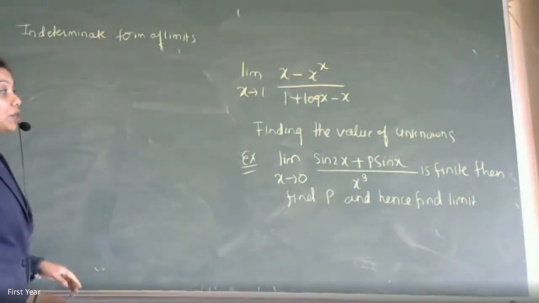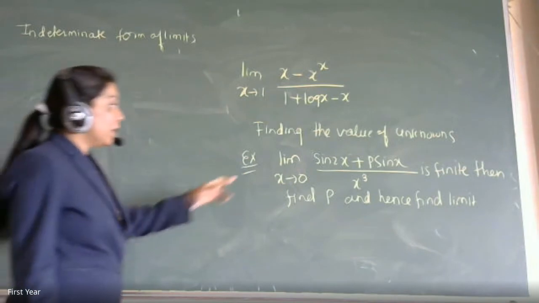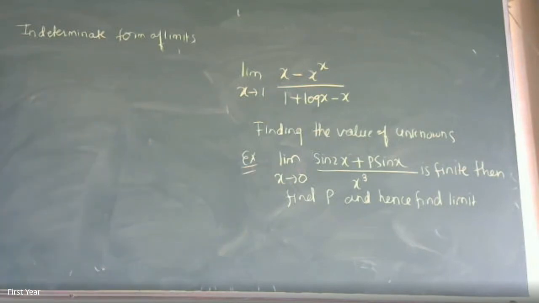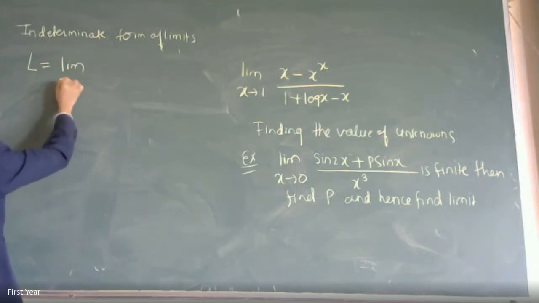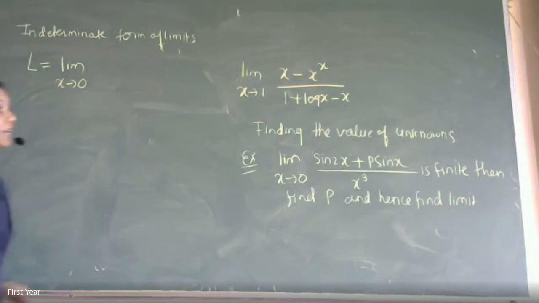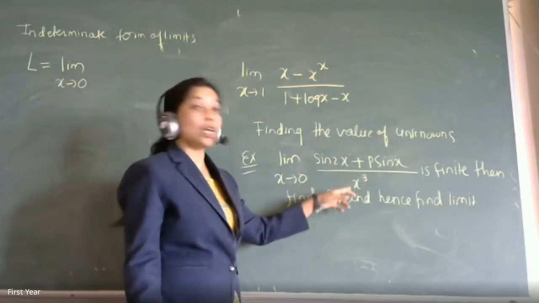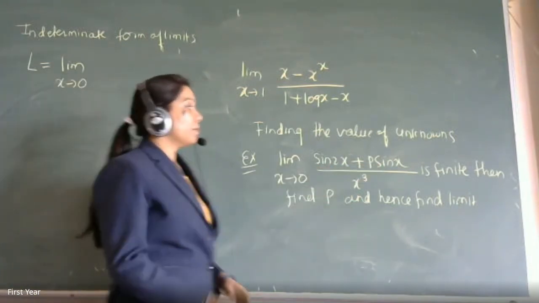So let me tell you what is the meaning of find the value of p. Look at the question. L is equal to limit as x tends to 0 of sin 2x plus p sin x upon x cube. What is the form of this question?